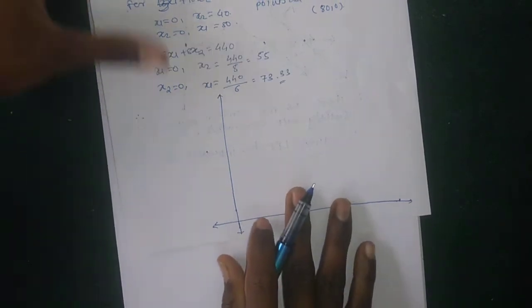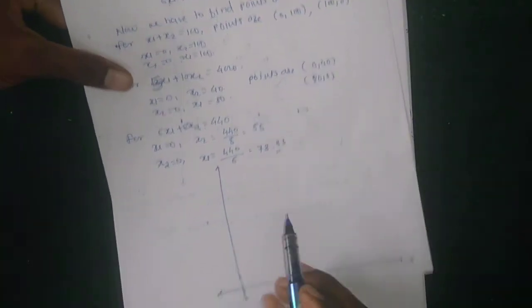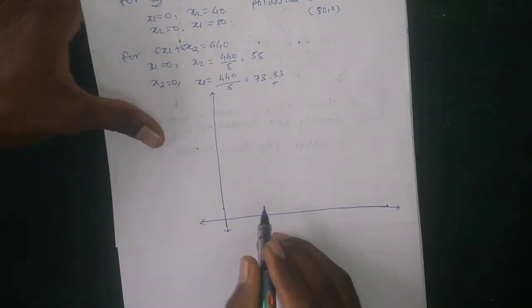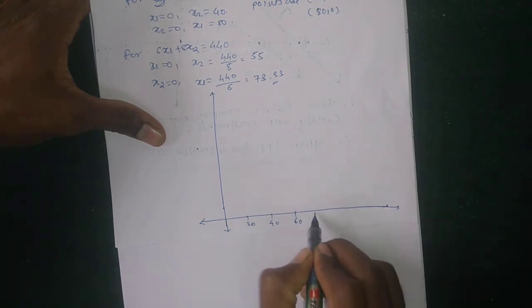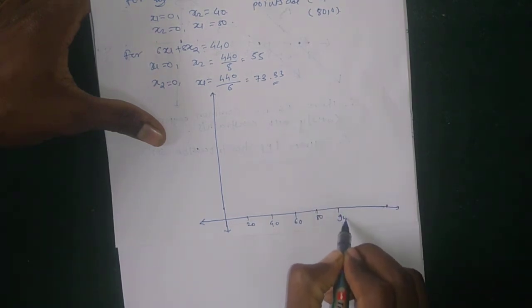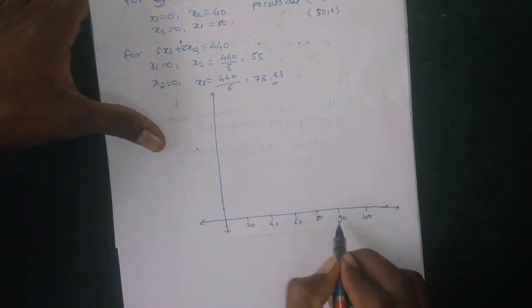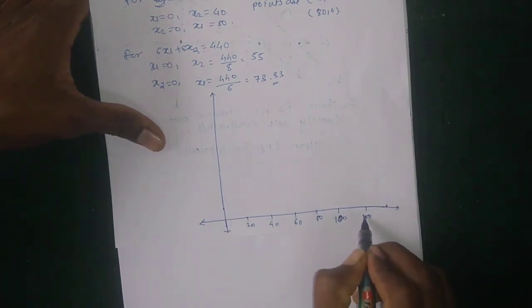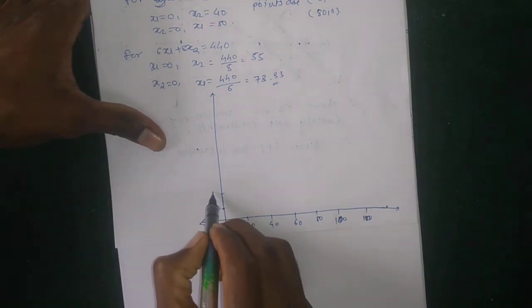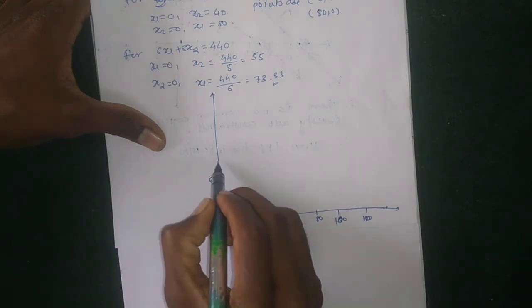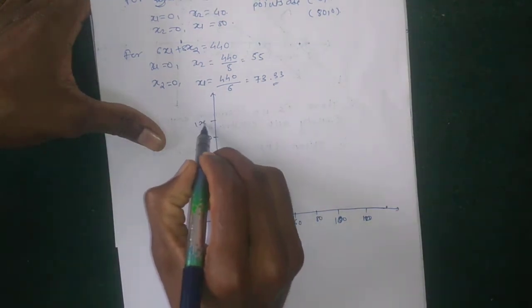Here we take a scale of 1 centimeter equal to 20. So 20, 40, 60, 80, 100, 120.